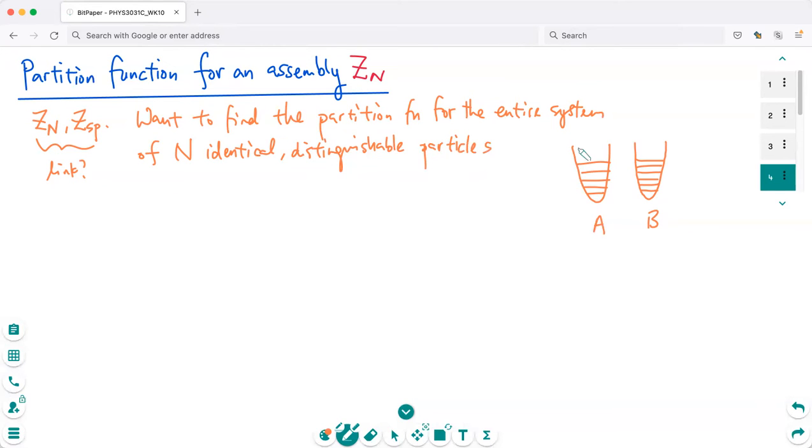And each of them will have the energy spectrum as shown here. So there are A, B, C, D, E, whatever, until N. N is a large number, okay?